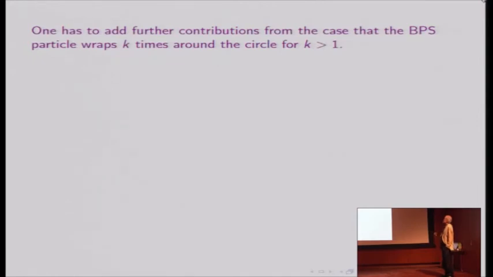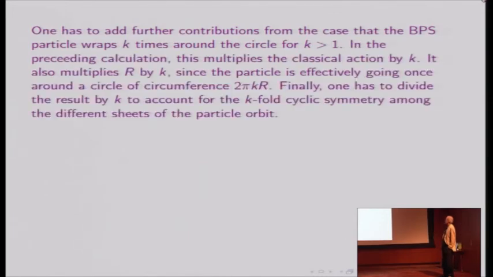One has to add further contributions from the case that the BPS particle wraps k times around the circle for k bigger than 1. Well, what does that do? The particle is propagating k times as far, so the classical action is multiplied by k. The effective radius is also multiplied by k because the particle is going k times as far, but you have to divide by k because of the k-fold cyclic symmetry among the different sheets of the particle orbit.